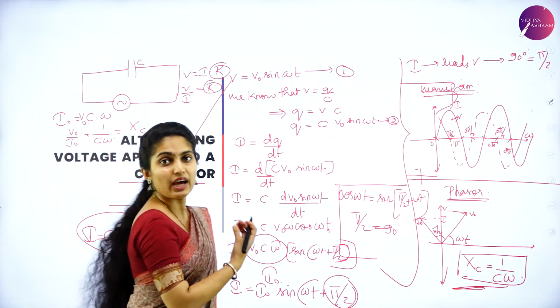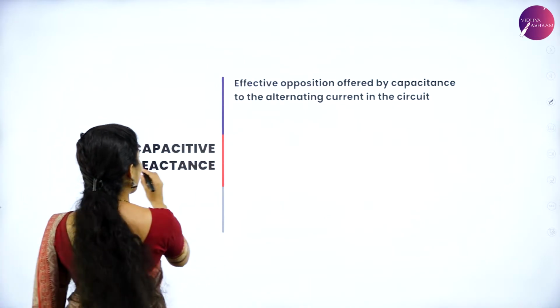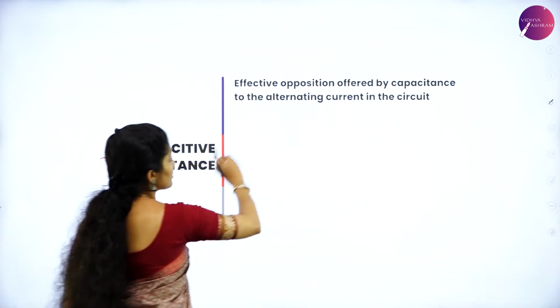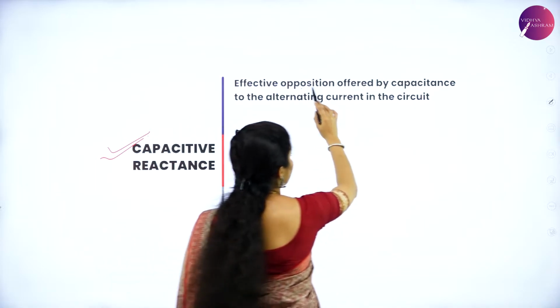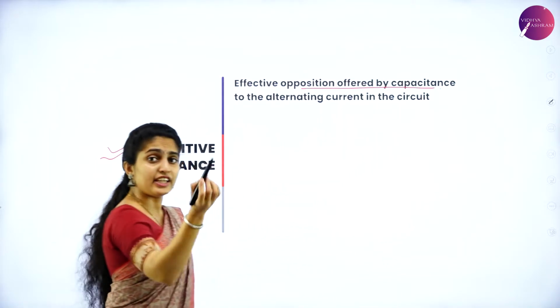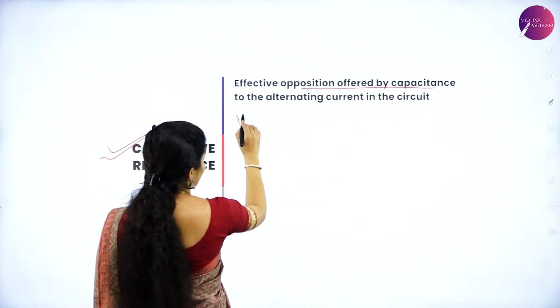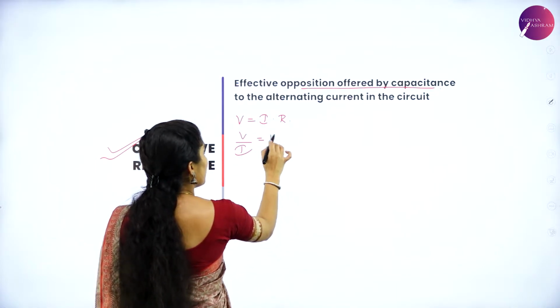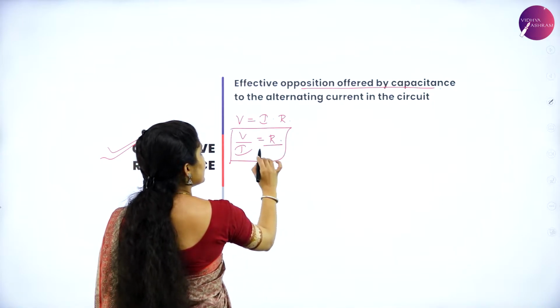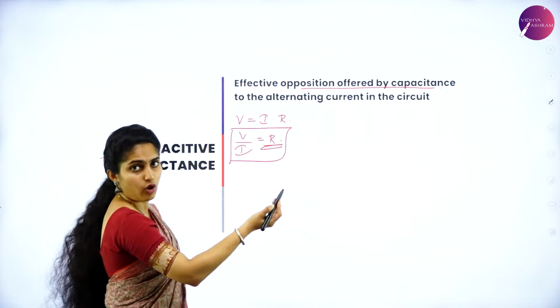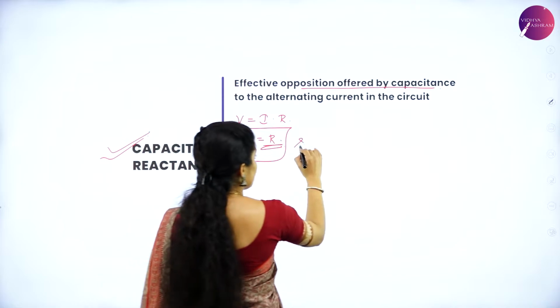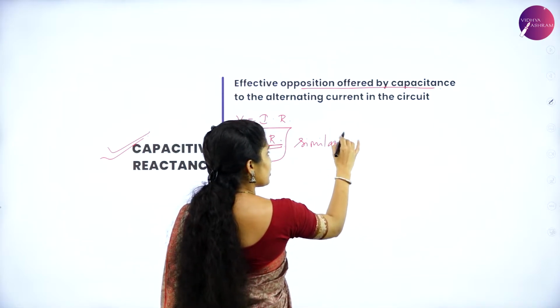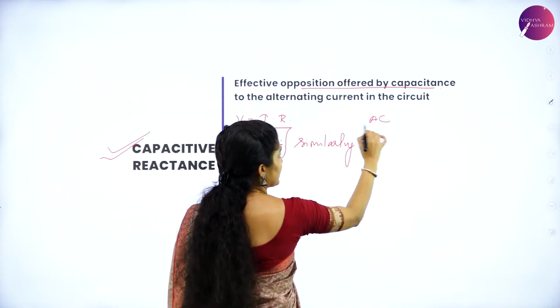For this we have one definition, called capacitive reactance, which means the effective opposition offered by the capacitor, because in non-alternating current concepts you have V is equal to I into R. So V by I is equal to R. What is the behavior of the resistance? It is giving opposition to the flow of current. Similarly, in case of AC, what do we have?